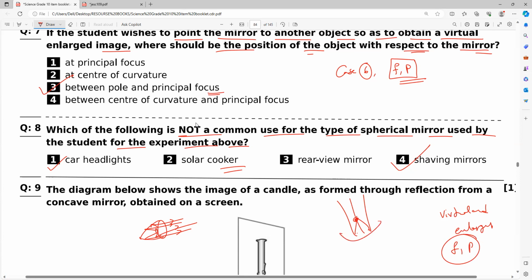Then what is the only one that is not? Rear view mirror. Rear view mirror has another name: side view mirrors. What mirror do we use there? Convex mirror. That is why it is the one that is not. So option 3 is the correct one. Do it, everybody.